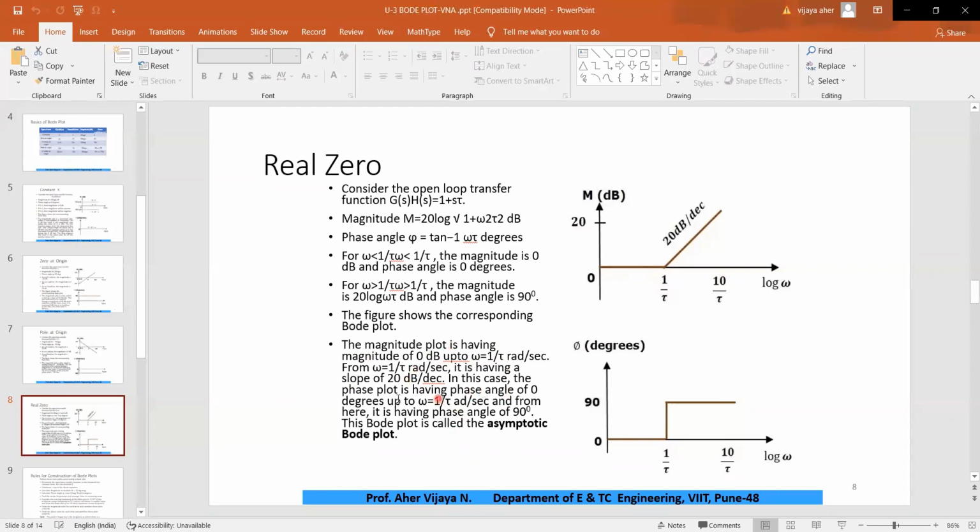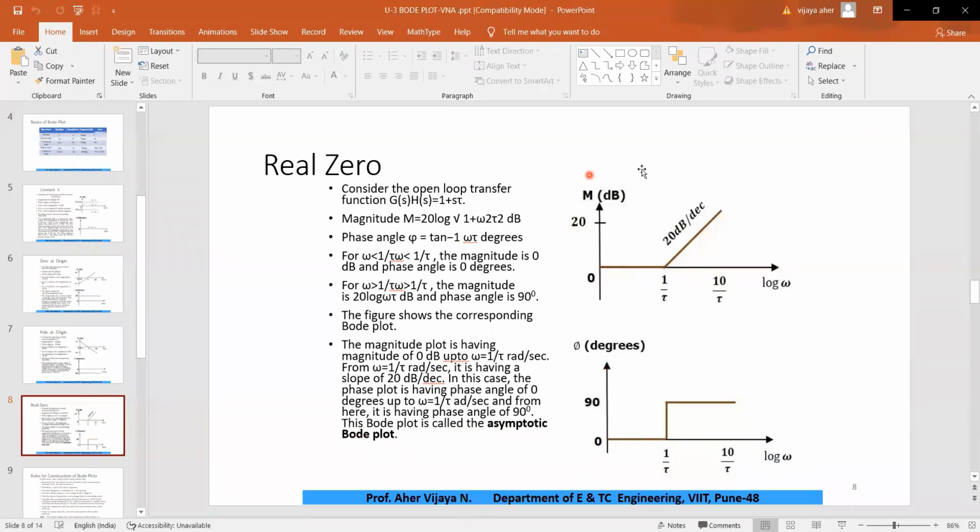Now, in this case, the phase plot has a phase angle of 0 degrees up to omega equal to 1 divided by tau radian per second. And from omega equal to 1 by tau, it has a phase angle of 90 degrees. Now, this Bode plot is called the asymptotic Bode plot.